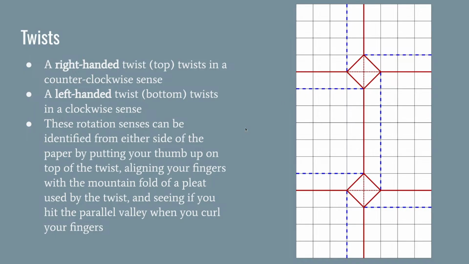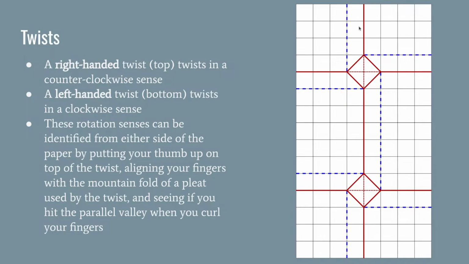And a right-handed twist, spinning around like this, is in a counterclockwise direction. And when I say it's spinning in this direction, that is literally how the center spins. We established that the center of a twist rotates when it's folded. But also what I'm looking for is if I'm going along a mountain fold from the center, like let's say I'm taking this one up to the top, is my parallel valley to the left or to the right?